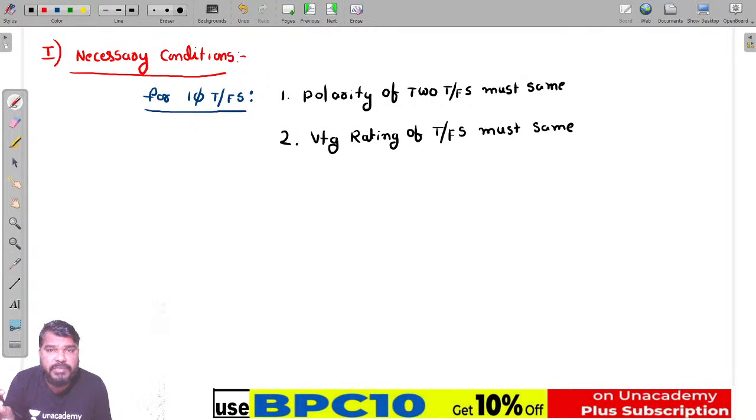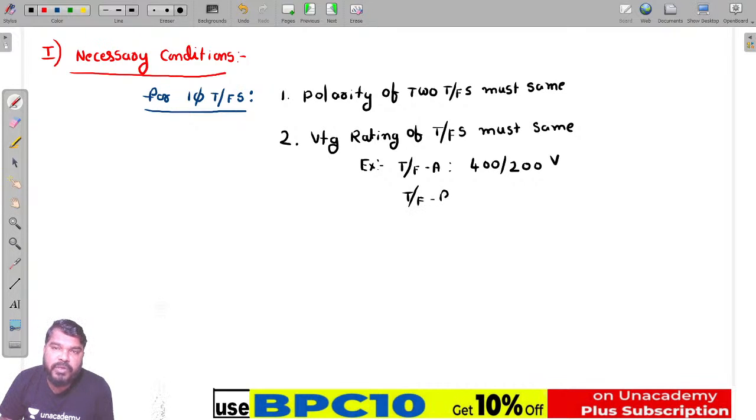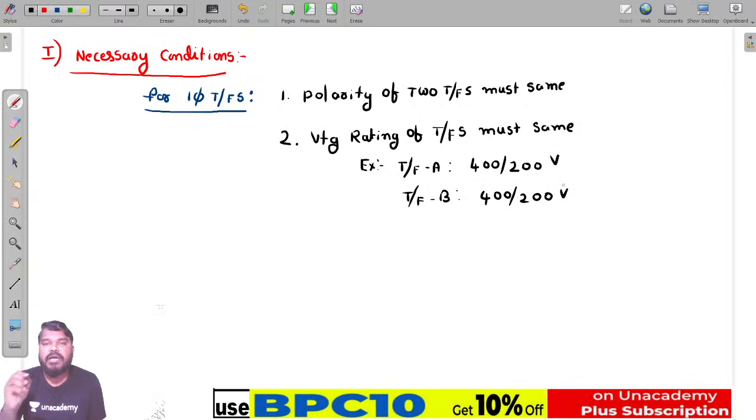Polarity of the two transformers must be same, and voltage rating of transformer A must be equal to the voltage rating of transformer B. For example, transformer A is a 400/200 volts transformer, and transformer B is also a 400/200 volts transformer.